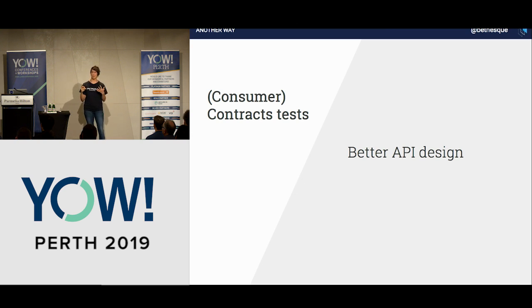But that doesn't make for a really usable API, because that's not thinking about how the consumer is actually going to use this data. So consumer-driven contracts actually turns that process around and starts by thinking, well, as the consumer, what way of formatting and accessing this data makes sense for me? So you end up with an API that's actually optimized for real-world usage, because it's being driven by your real-world examples.